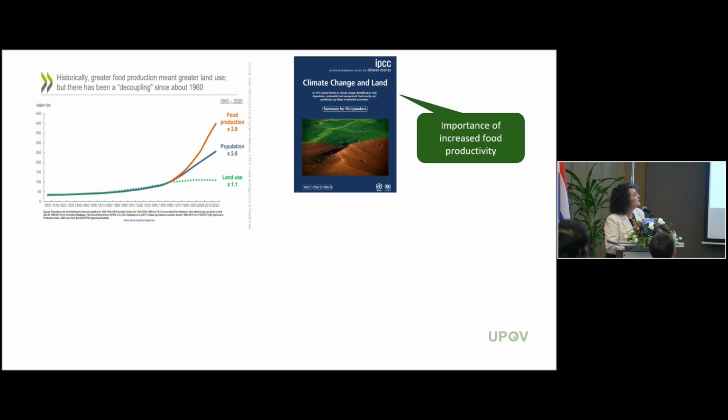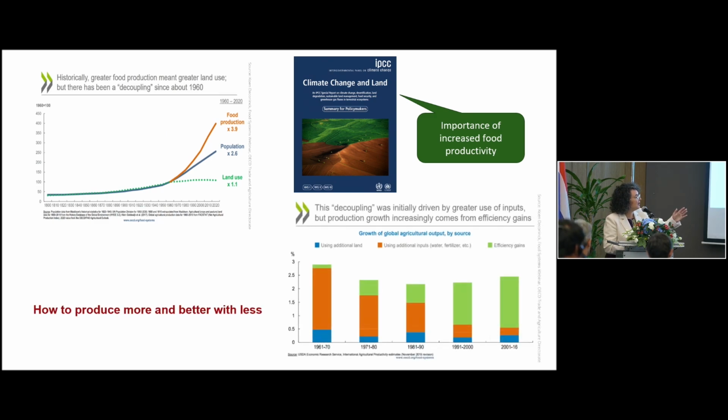At the beginning, this decoupling was due to additional use of inputs. But as you can see from the recent developments in the second graphic, the decoupling in the end was really due to efficiency gains.